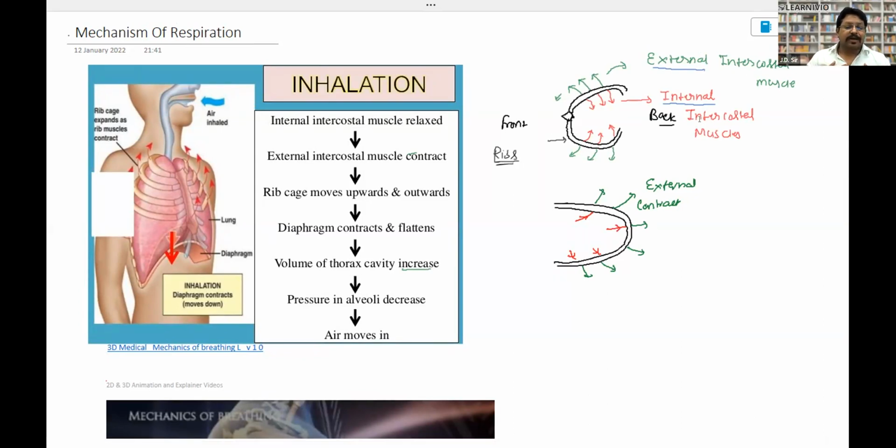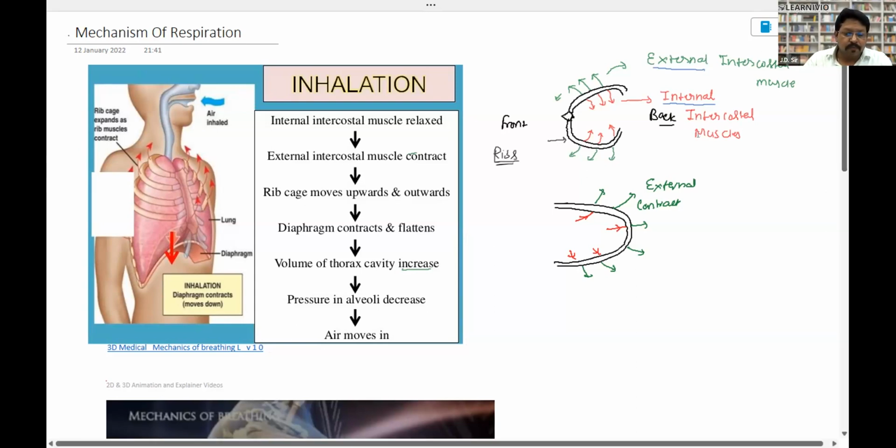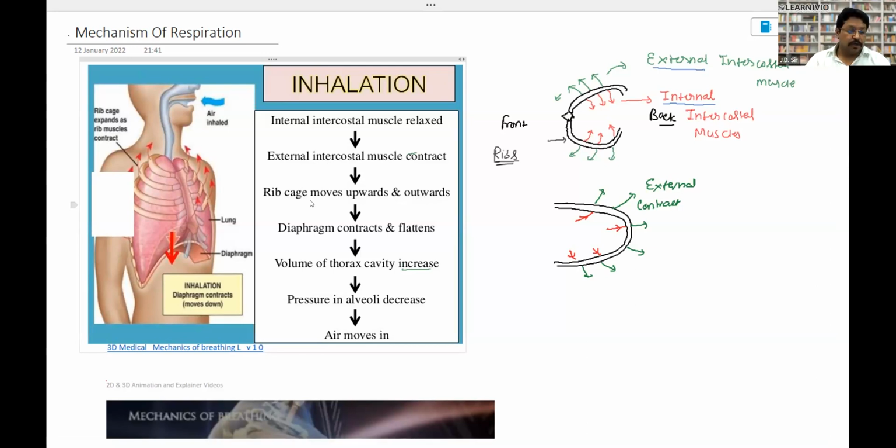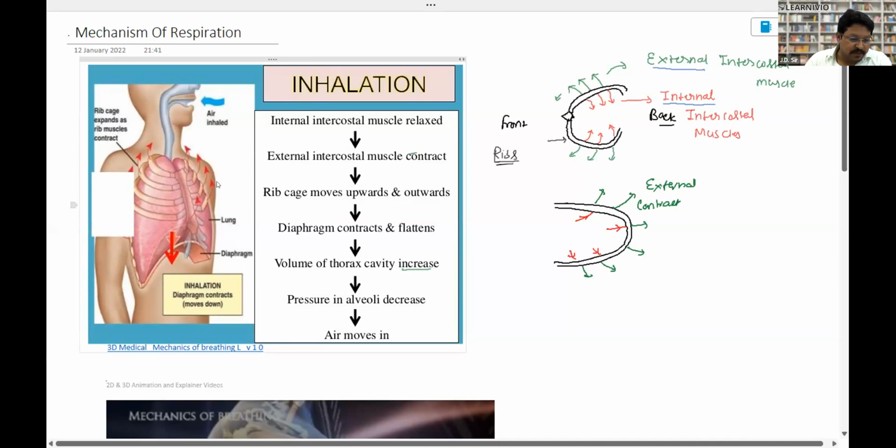When the external intercostal muscles contract, they pull the rib upward, and the internal ones have to be relaxed. Then the rib cage moves upward and outward. You can see it here in the diagram itself.